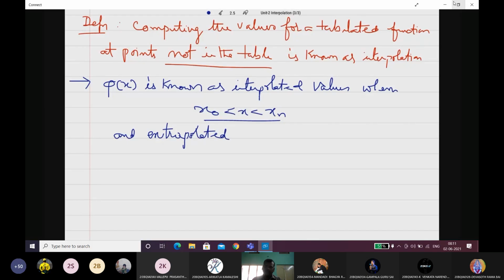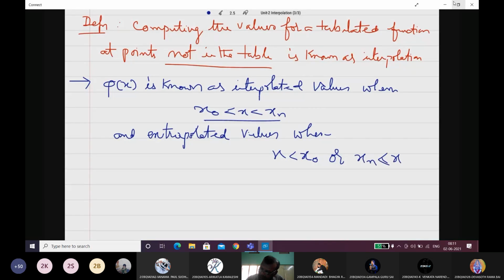And extrapolated values when this is the condition: x is less than x0 or xn is less than x.